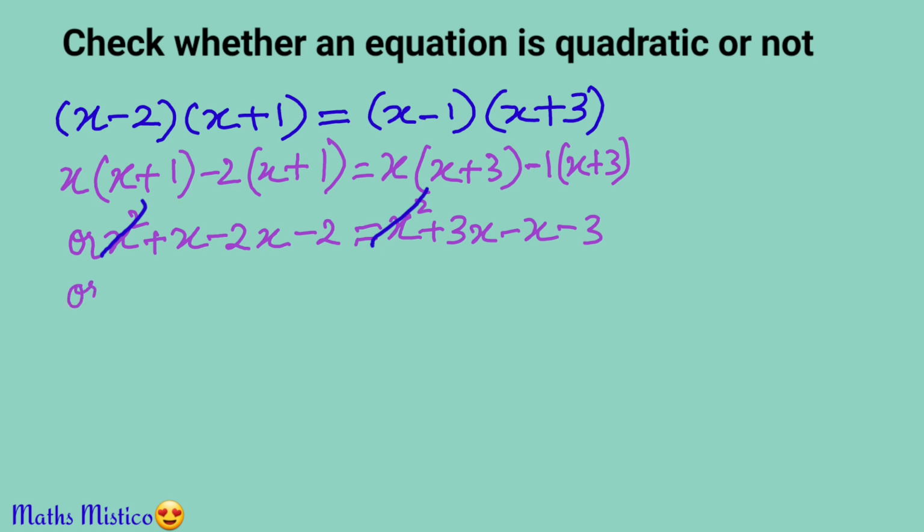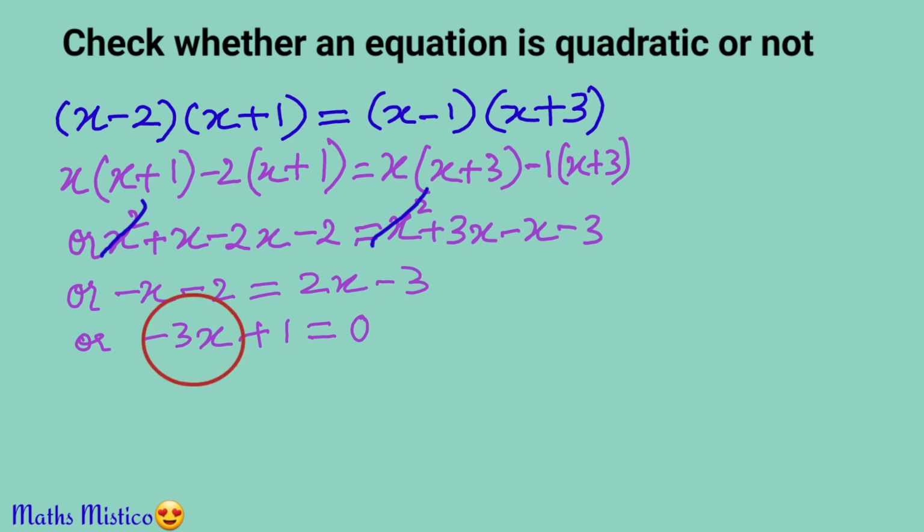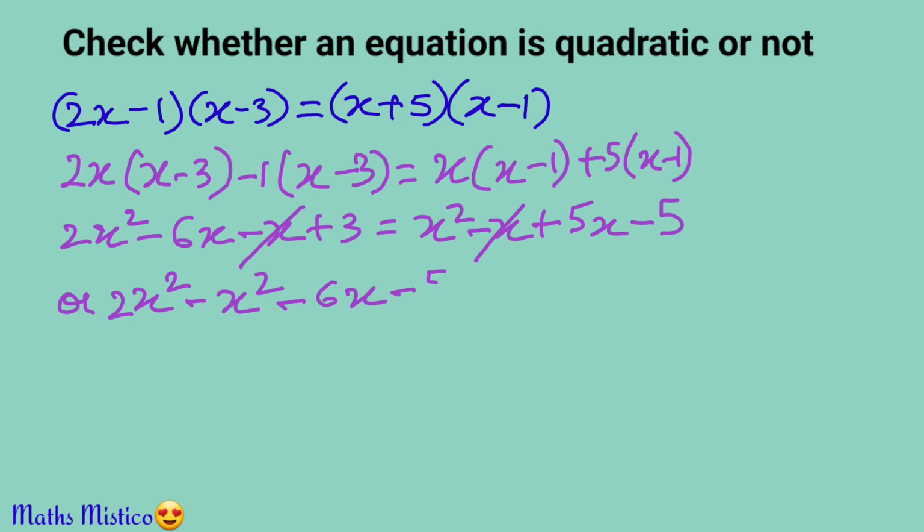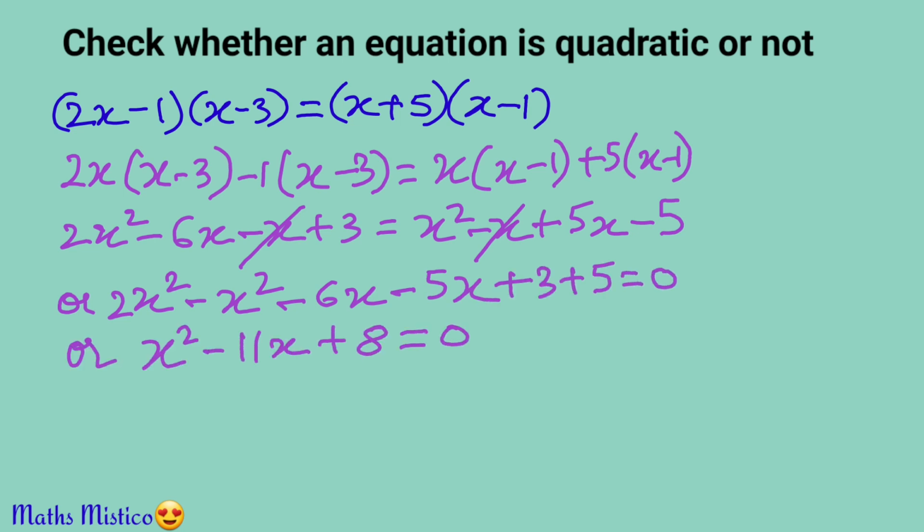Now add the like terms, and finally on bringing the terms from one side to the other, we get minus 3x plus 1 equal to 0, which is not quadratic as the degree here is 1. Now try this one yourself and then check the answer. So finally we get x square minus 11x plus 8 equal to 0, which is clearly quadratic.